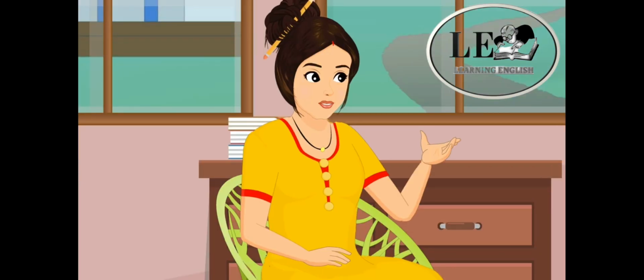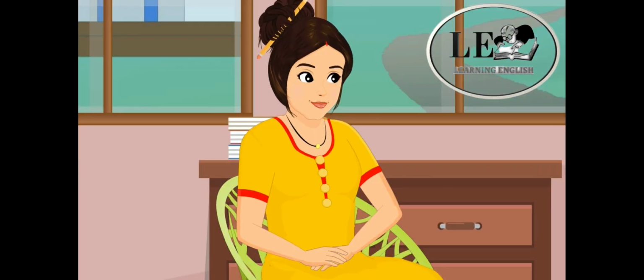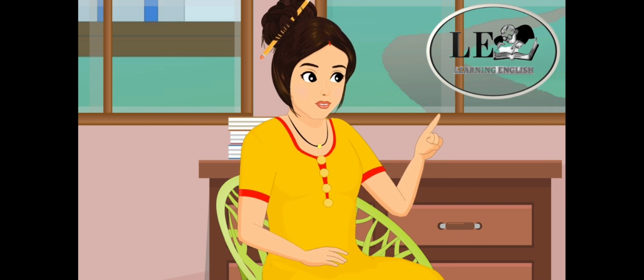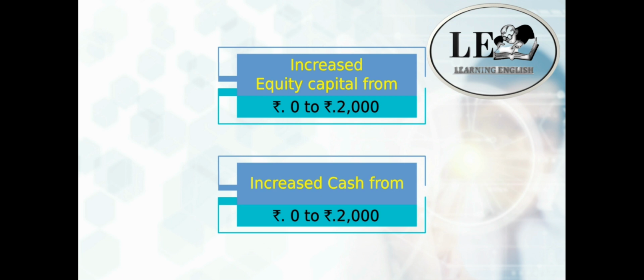Now again, if you look at the example of Raju, the thelawala, and how he started his business, you will understand better. Raju increased equity capital from rupees 0 to rupees 2000 and at the same time increased cash from rupees 0 to rupees 2000. Cash is a real account because it is owned by the business and it is coming into the business.